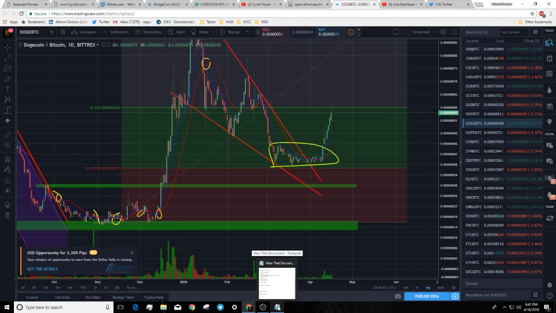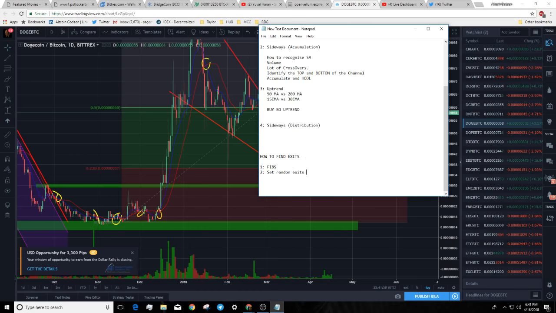It could be magic and voodoo. I don't know, but it works sometimes. So with fibs, you can use 50% retracement. You could use a 100% retracement, which in this case would just be a return to all-time highs.